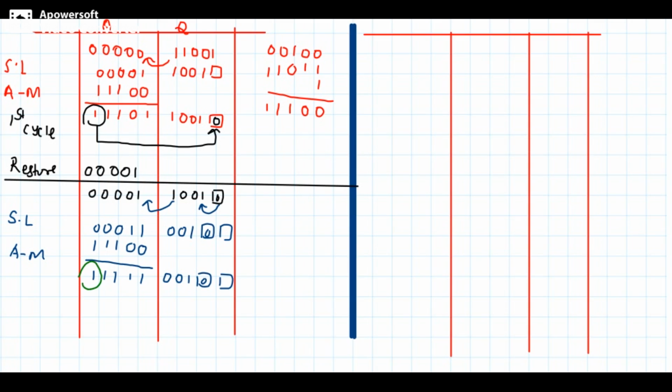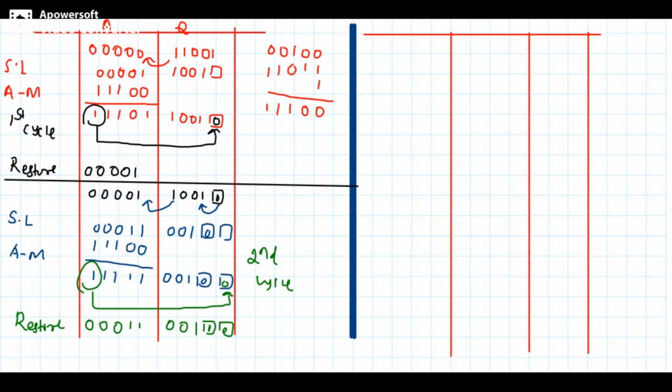Sign bit is 1, so I'll set Q naught equal to 0 and I'll perform restore. Restore in the sense 0 0 0 1 1. I'll write 0 0 1 0 and 0. So this completes the second cycle.